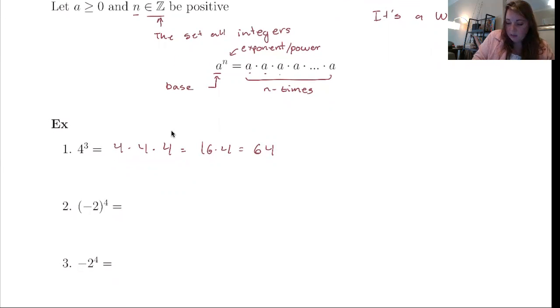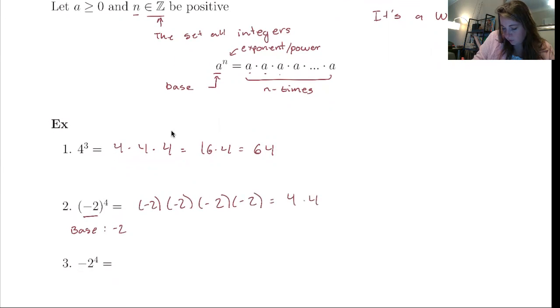In this case, my base is going to be -2. So this will be -2 times -2 times -2, and so on, right? Which will just give me 4 times 4, which is 16.